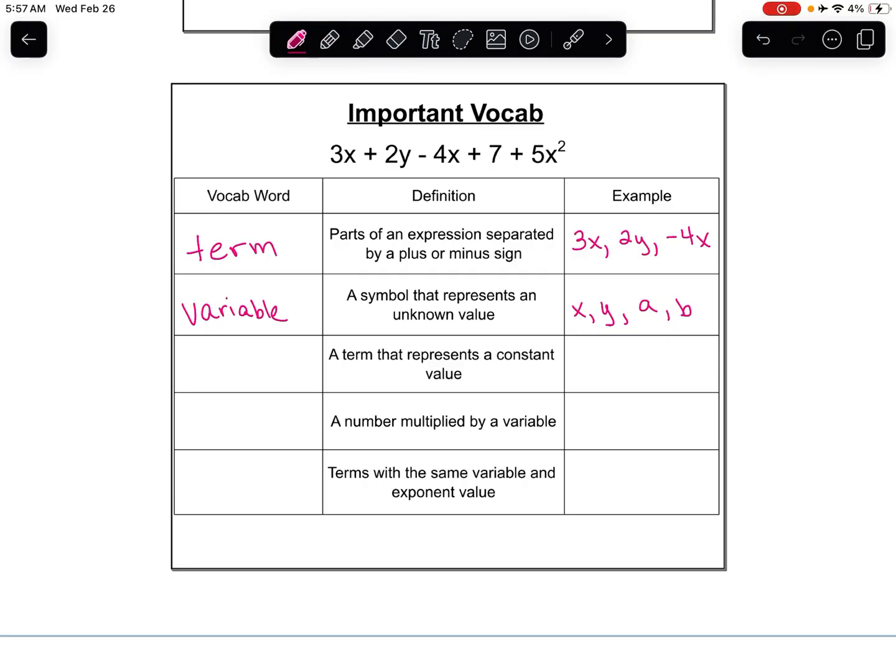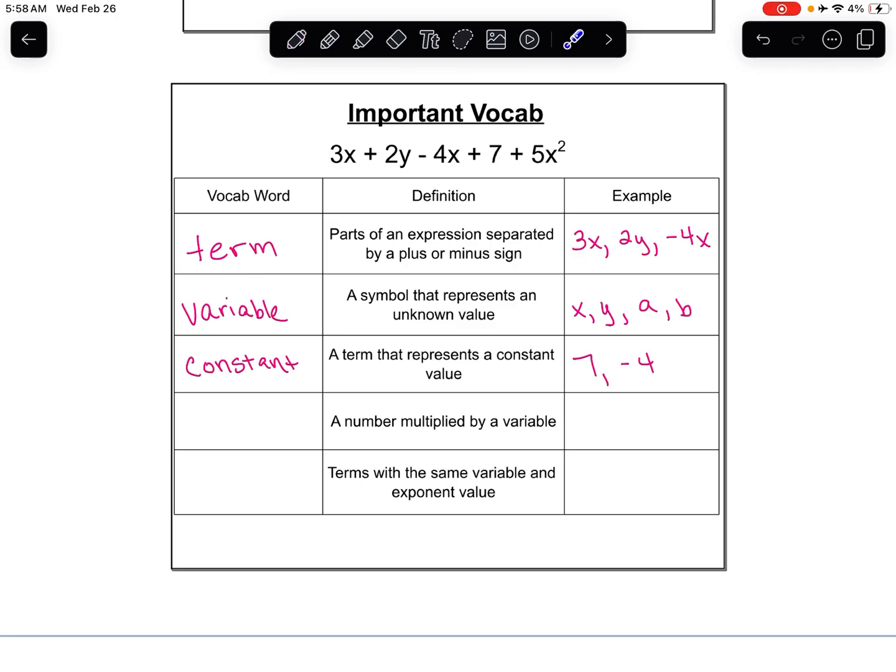All right, a next vocab word, a term that represents a constant value. This is called a constant. And a constant is something that is just a number. It has no variable with it. It is just a number. That number could be positive or it could be negative, but it is just a number, not the variable.